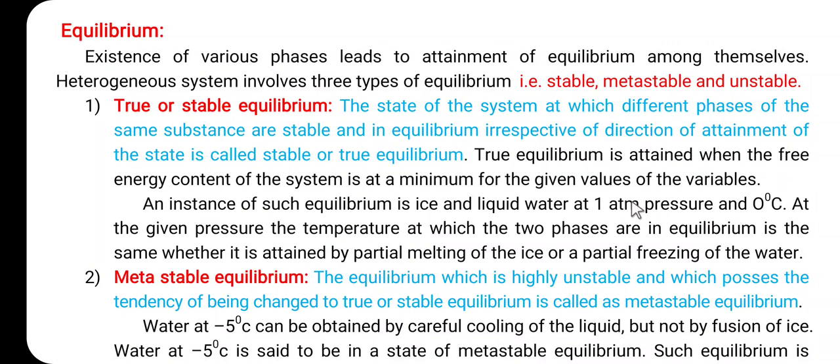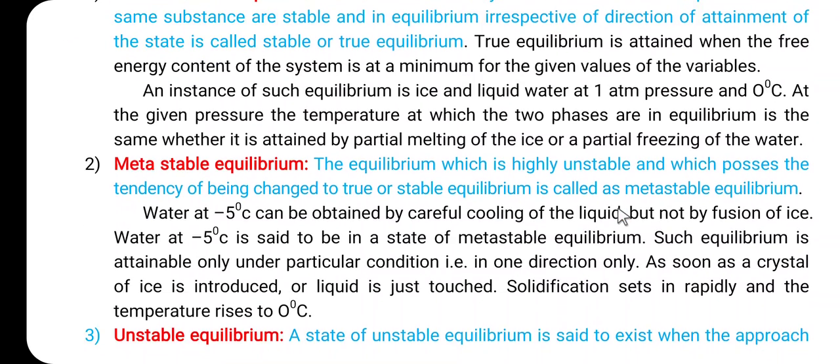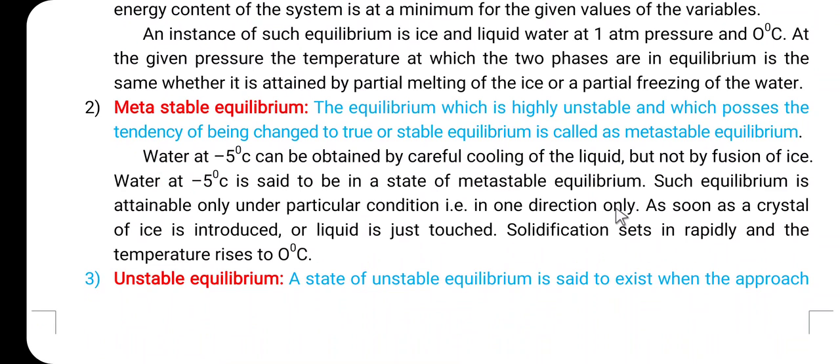So, this is the first type of equilibrium, true or stable equilibrium. Then the second one is the metastable equilibrium. The equilibrium which is highly unstable and which possesses the tendency of being changed to true or stable equilibrium is called the metastable equilibrium. Let us consider one example, that is the water at -5 degrees Celsius.